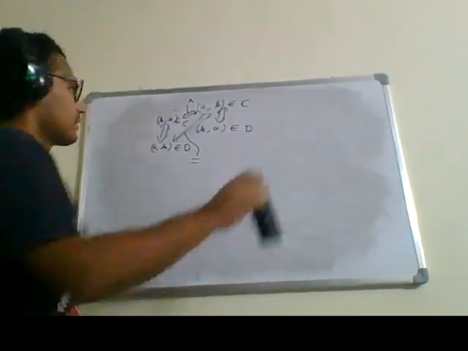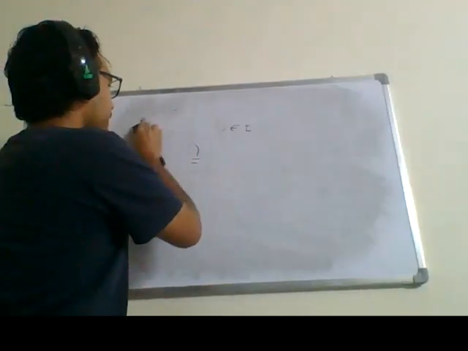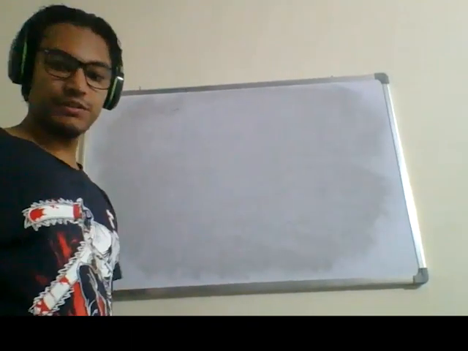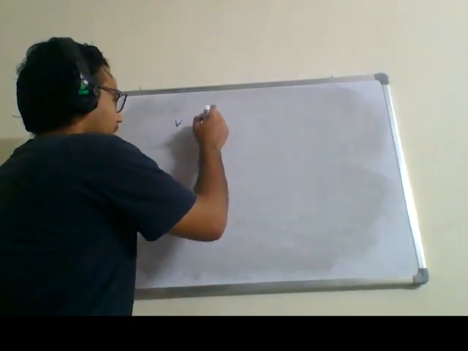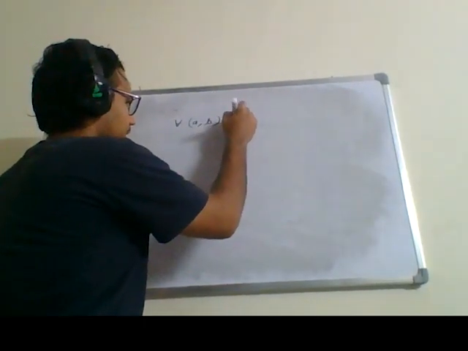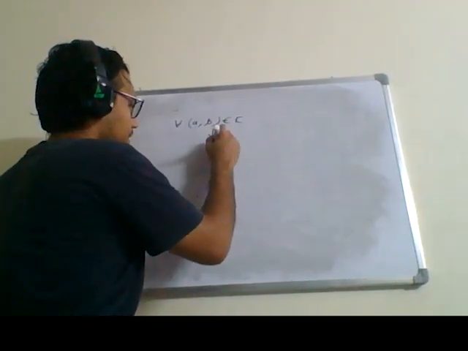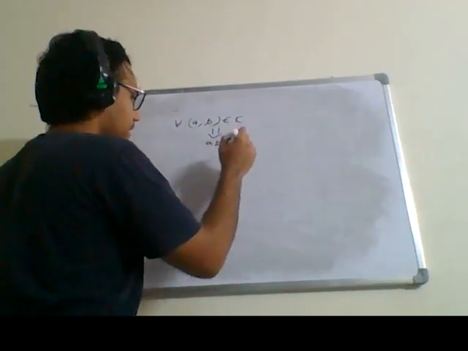Okay, question 14b. We have to show that it's an order relation. So it's non-reflexive: (a, b) belongs to C implies a is not equal to b.